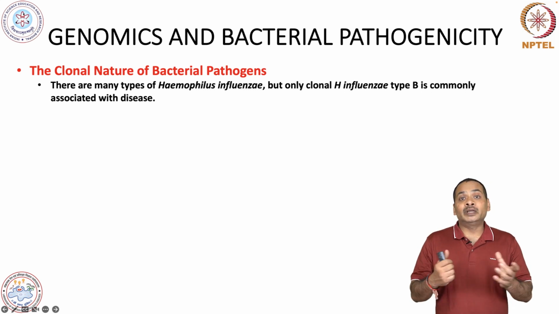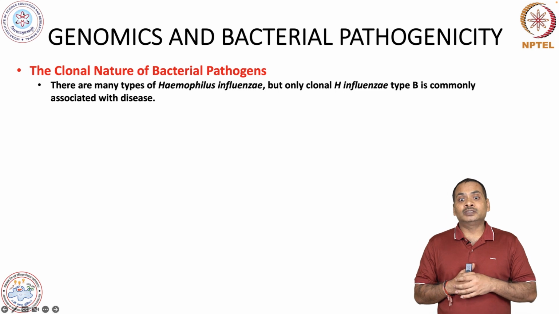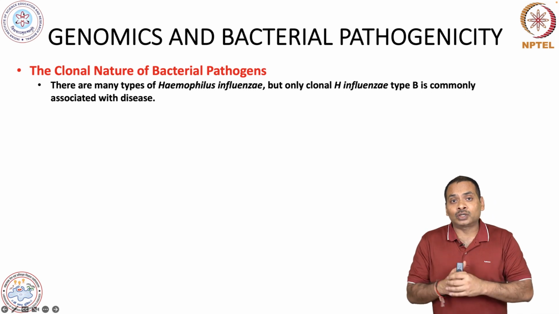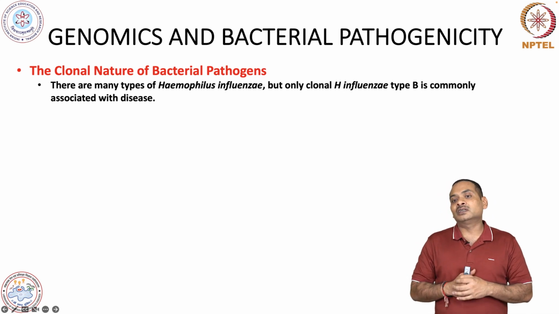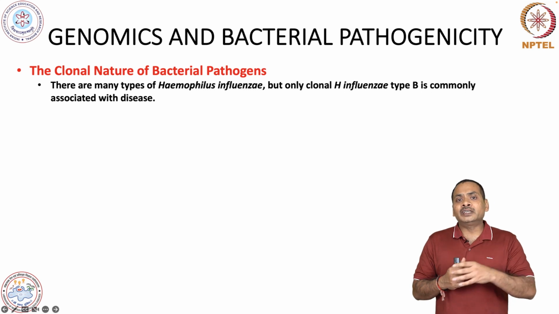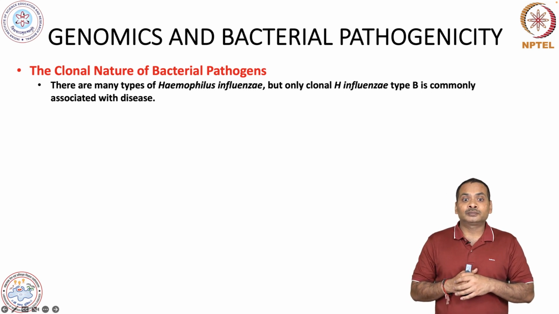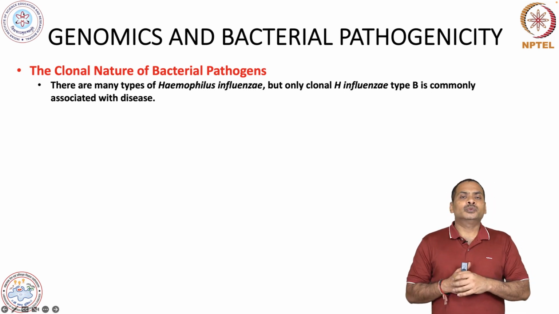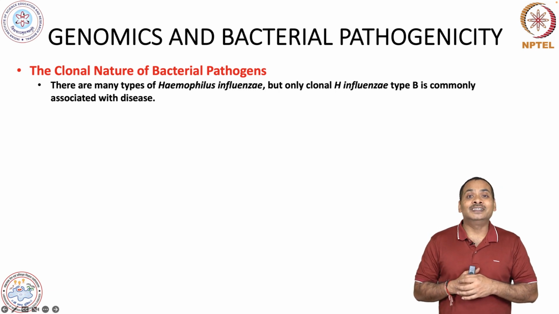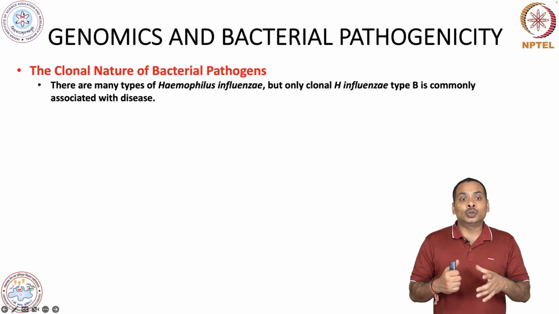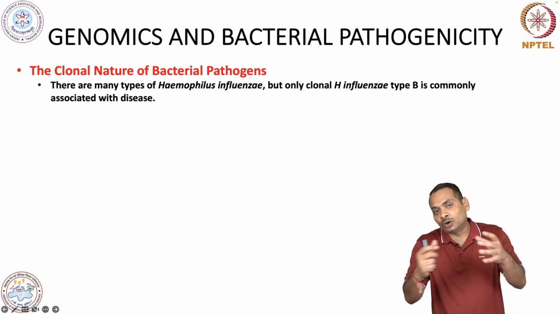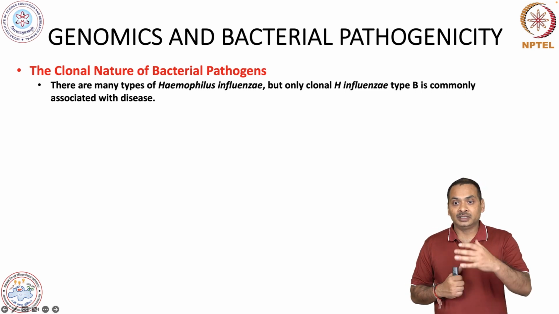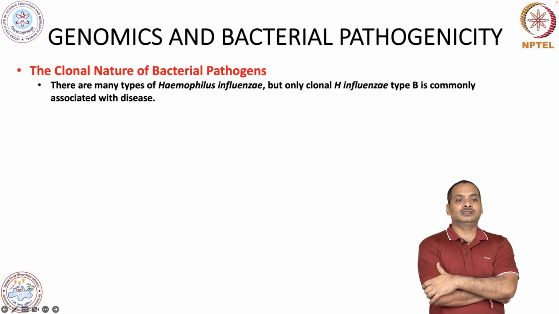For example, there are many types of Haemophilus influenzae, so many kinds, but only some of the clones or types can cause disease. In the case of Haemophilus influenzae, it is type B that is associated with the disease, and we call that the clonal nature of bacterial pathogens. Not all types of Haemophilus influenzae can cause the disease, only type B will.